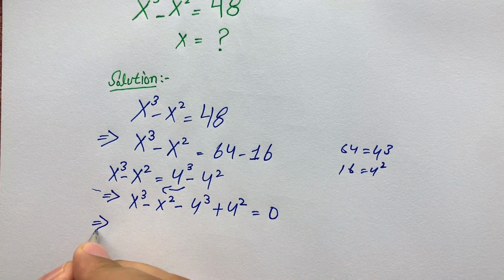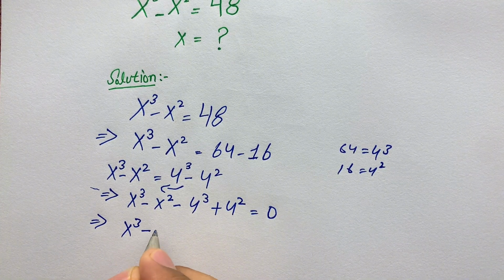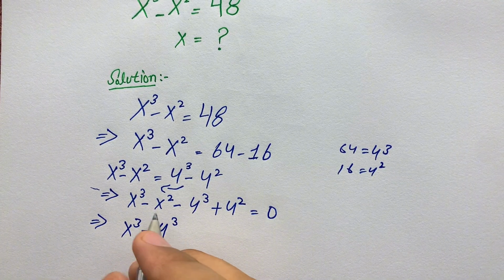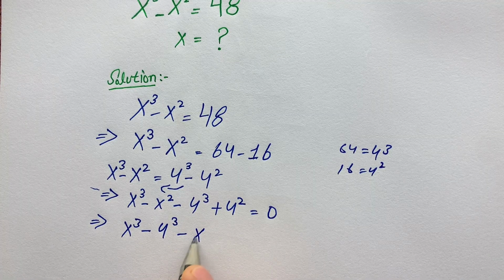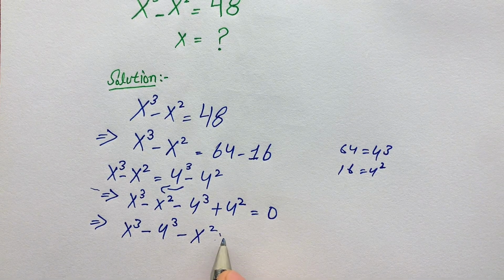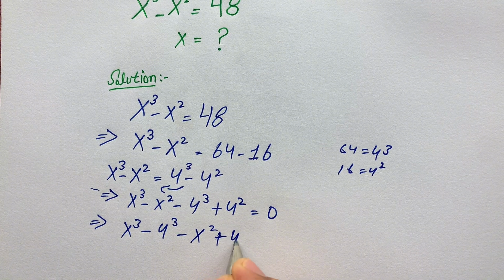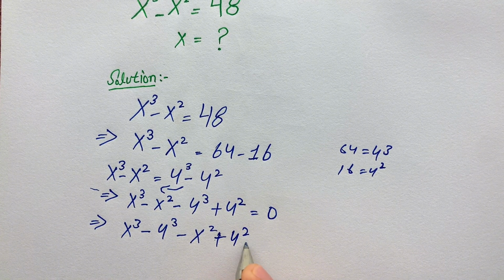Now we write x^3 - 4^3 - x^2 + 4^2 is equal to 0.